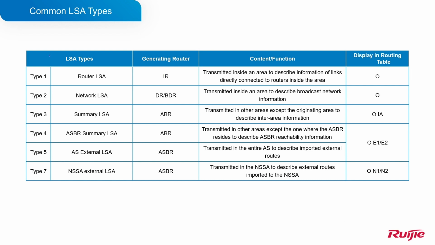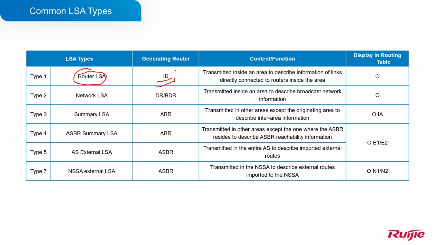The first type of LSA, type 1 LSA, we also can call the router LSA. Okay, router LSA. And for the router LSA, the generating router is the IR device. So what is an IR device?